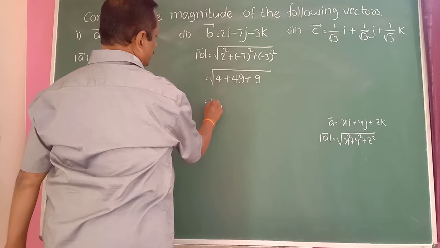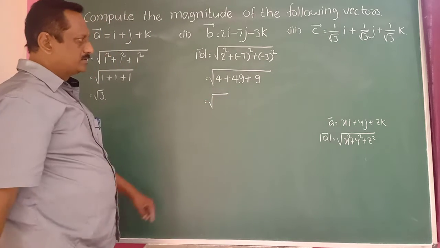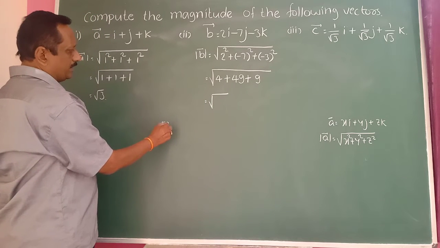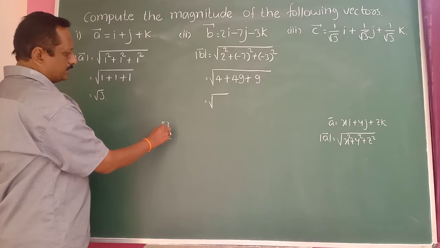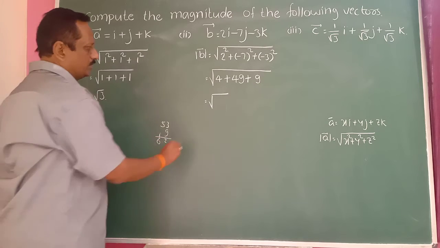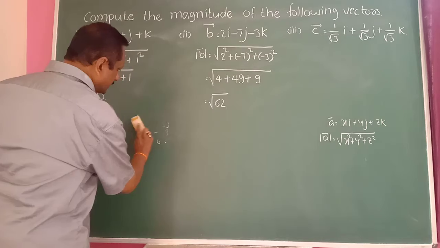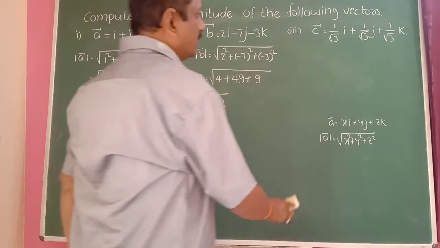That is the root of 49 plus 4 is 53, plus 9 is 62. Root of 62. The magnitude of the second vector is root of 62.